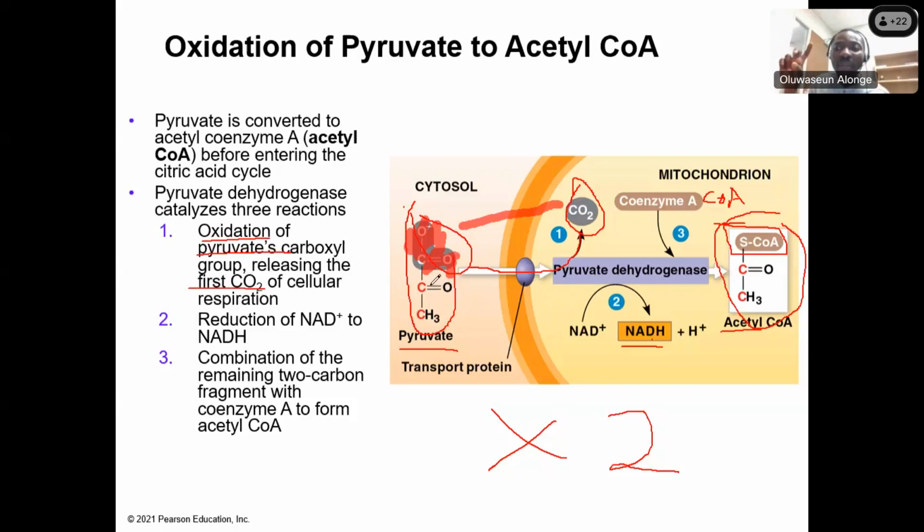So how many carbon have we lost now? Can I see your answer? How many carbon out of the 6 carbons have we lost now? I'm expecting your response. We have lost one carbon from this pyruvate.